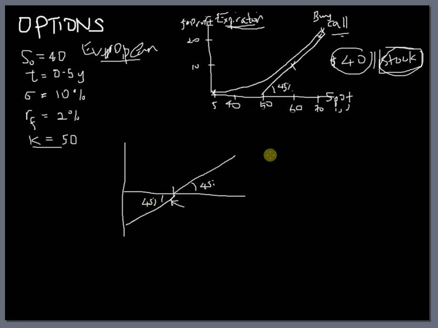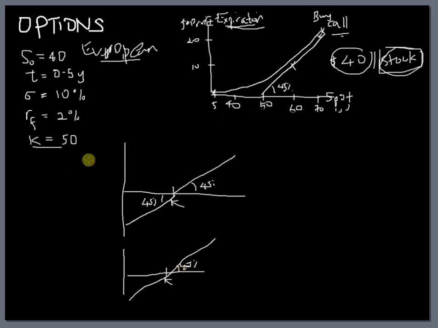And if you recall, the payoff diagram of a forward is also a straight line. Okay, so assume that we are short a forward at K. The payoff is also a straight line, 45 degree.